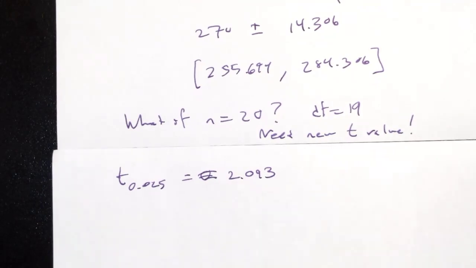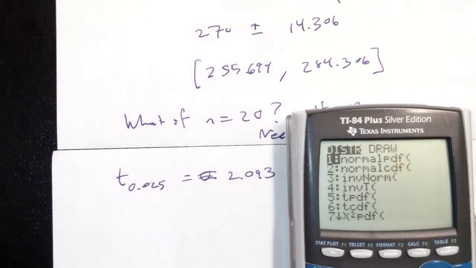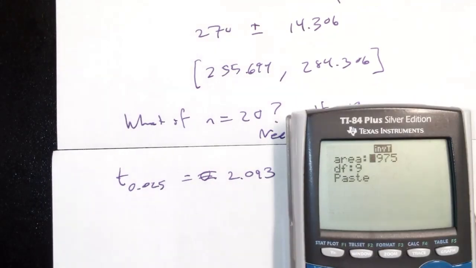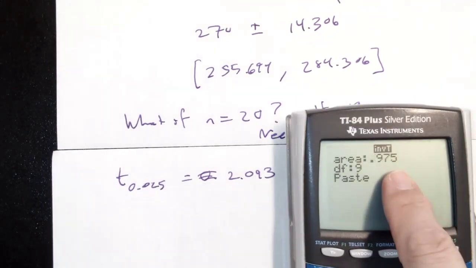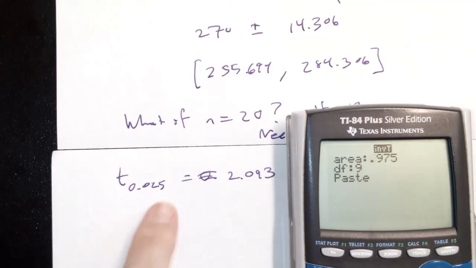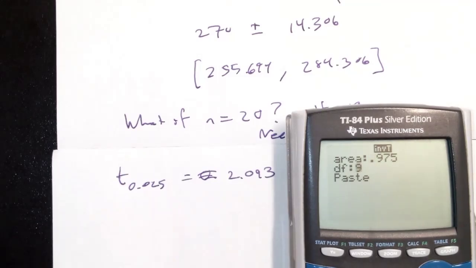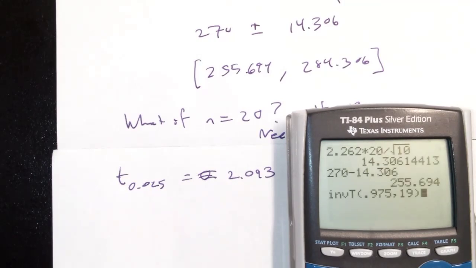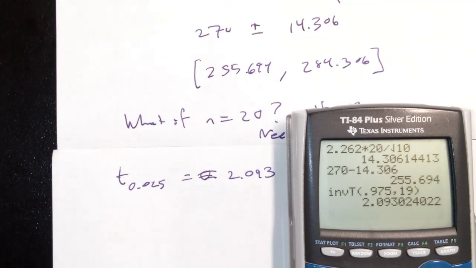Now, if you did this on your calculator with your T inverse, distributions, inverse T, 97.5 is 0.025. But now this changes to 19. 2.093.